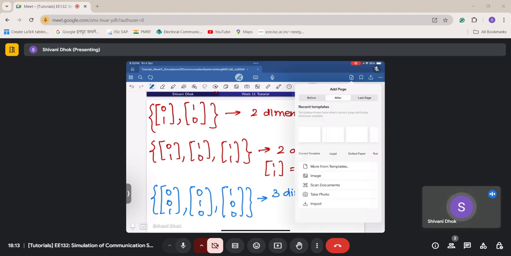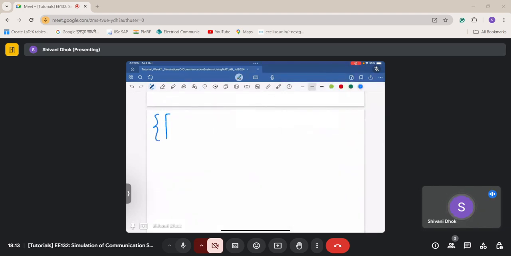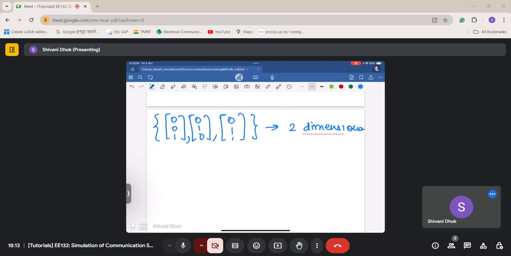Similarly, if I consider this set, this is again two-dimensional. Why?